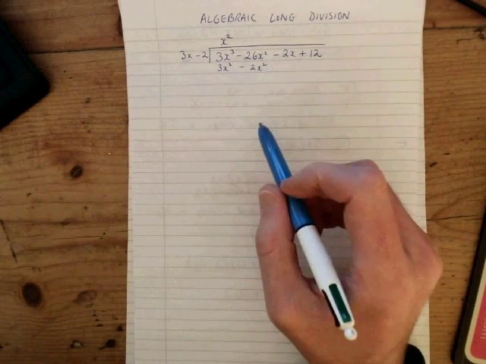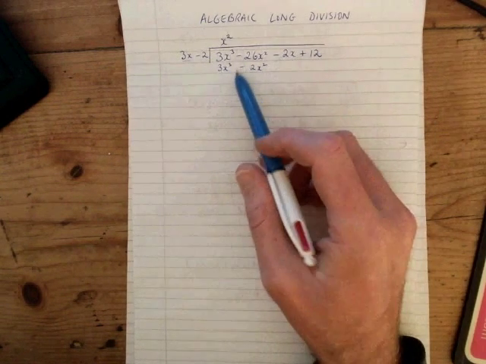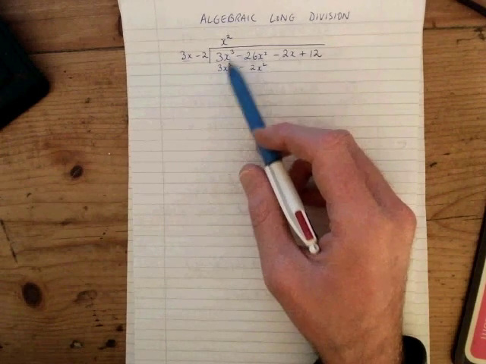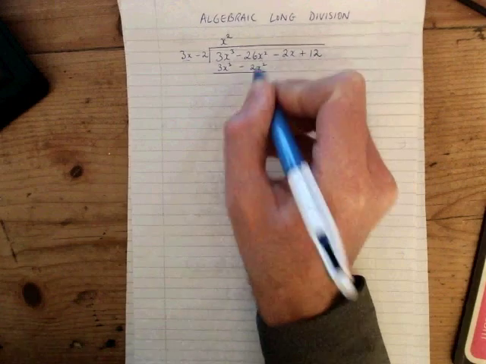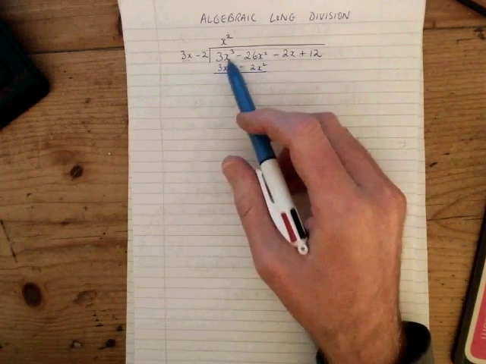Perfect. Now what we're trying to do is eliminate these terms, 3x cubed and 3x cubed, so we create a sum. How can we eliminate those two terms?